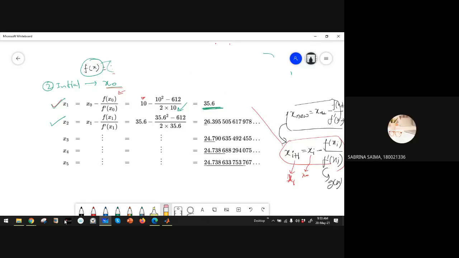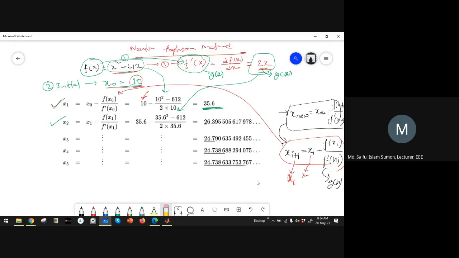How to predict the initial value? The initial prediction may be any value, because I don't know what my solution is.